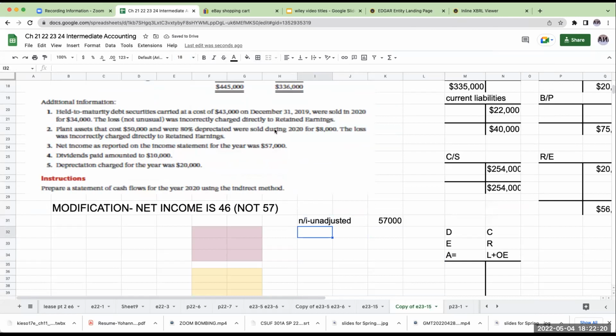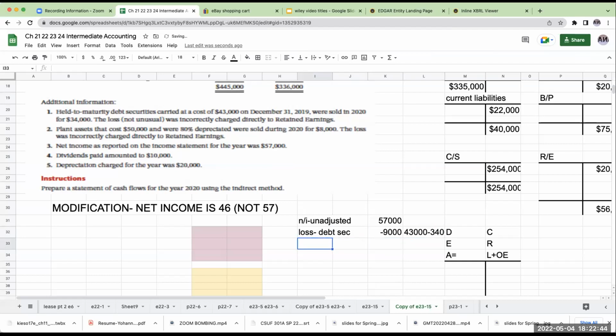However, the amount of the loss, right? So if this over here, held to maturity debt securities were carried at a cost of 43 and they were sold for 34. So basically I had a loss on debt securities, and this is going to be for 9,000, right? This is going to be 43,000 minus 34,000.